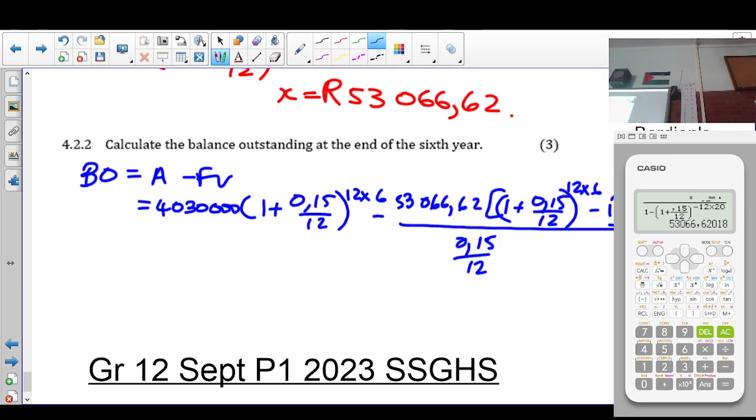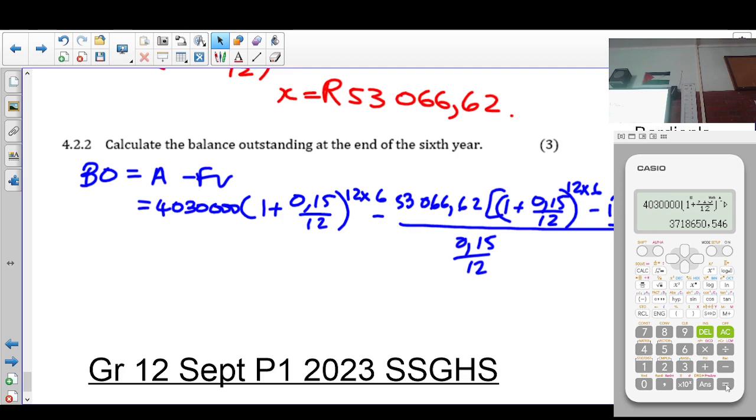So let's punch that in the calculator. It's 4,030,000 into 1 plus 0,15 over 12 to the exponent 12 times 6, minus the answer into 1 plus 0,15 over 12 to the exponent 12 times 6 minus 1, over 0,15 over 12.